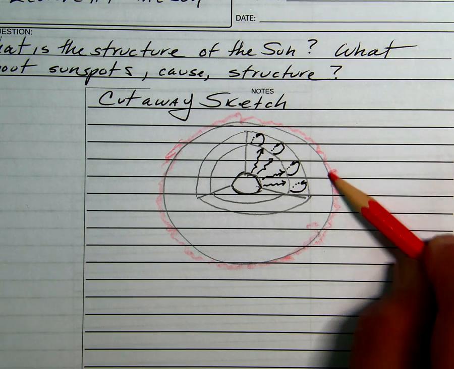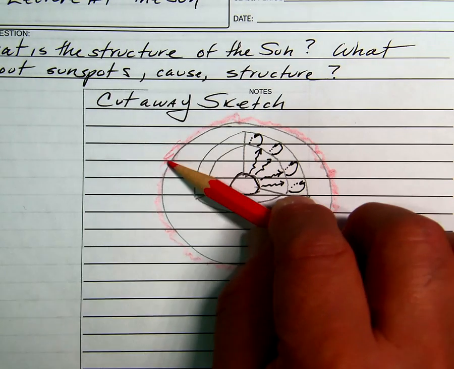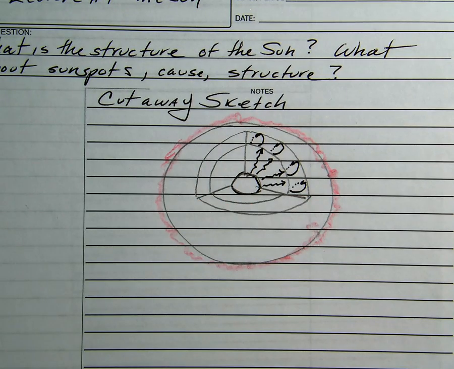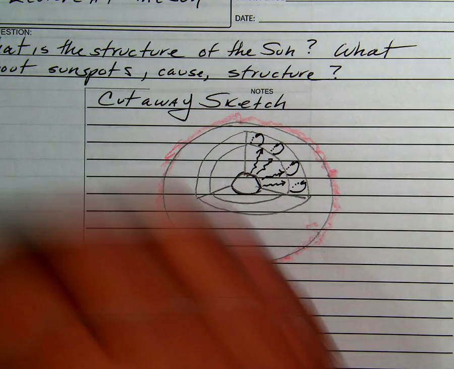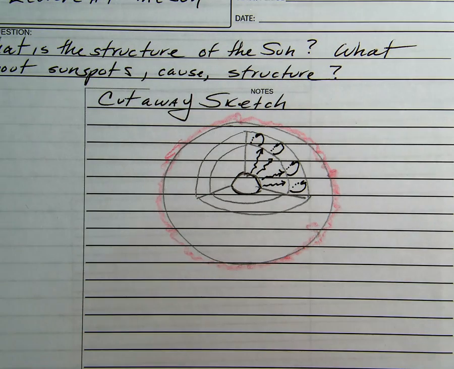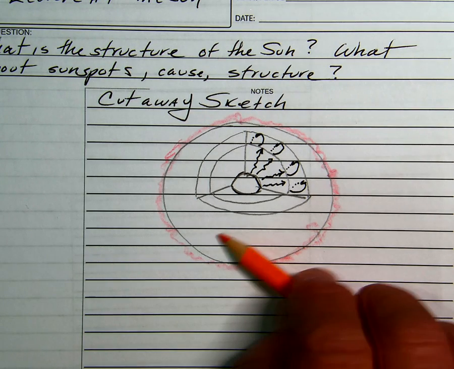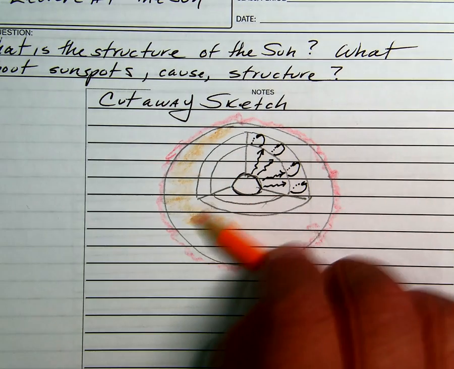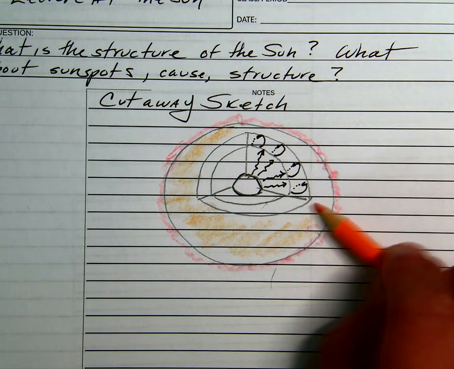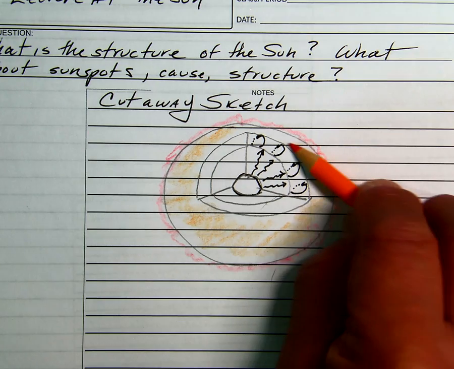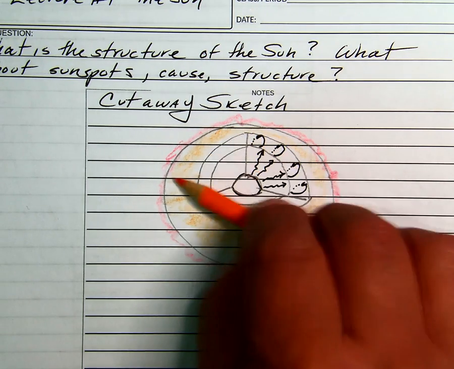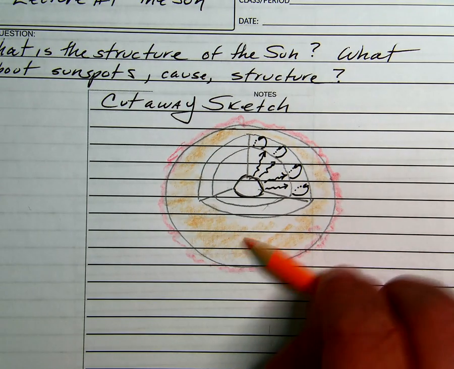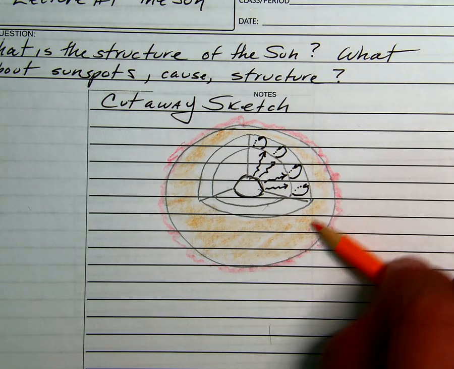It's got a pinkish tint to it. Then the photosphere, the surface of the sun, I'll quickly color it orange like this.